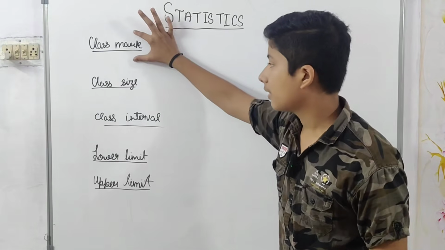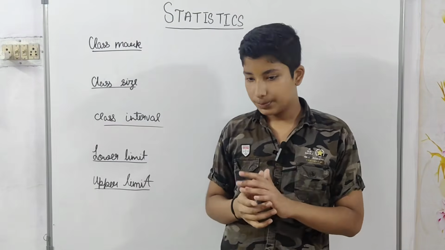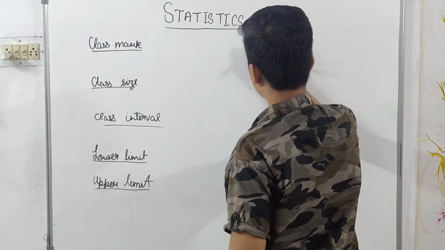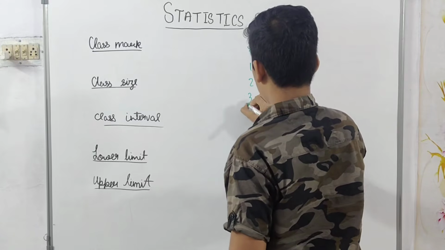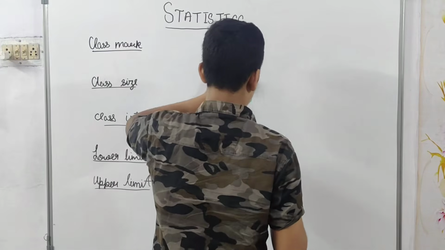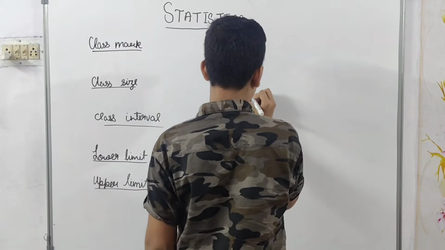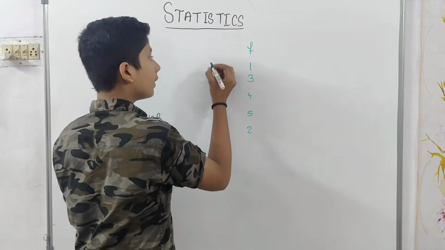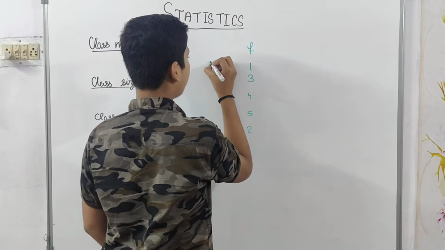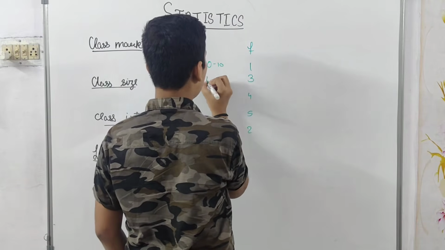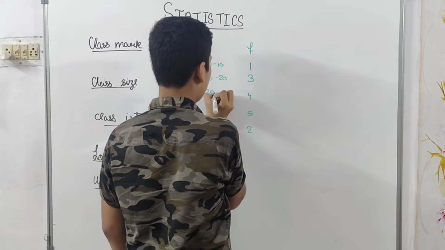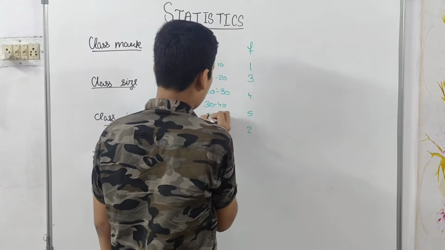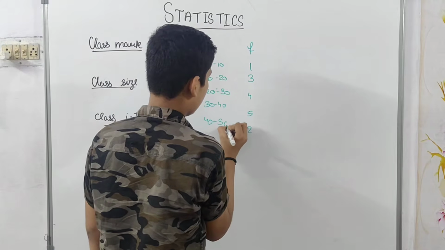Okay, so first of all, what is class mark? So, let me take an example. See, there is a frequency table: 1, 3, 4, 2, 5, 2. Okay, it is like this. Now here we have 0 to 10, 10 to 20, 20 to 30, 30 to 40, and 40 to 50.